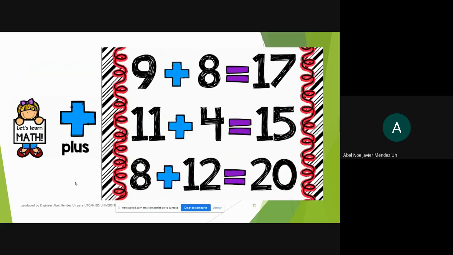Don't forget, in plus the letter U makes a sound like a, plus, like Hulk, the green monster.